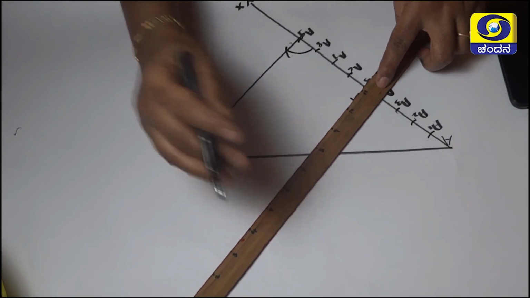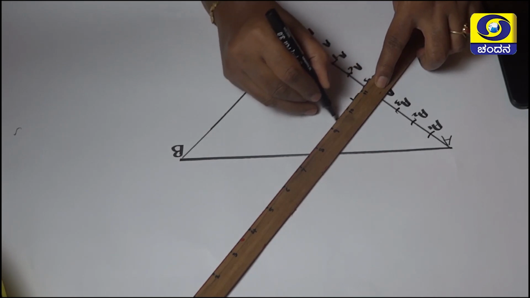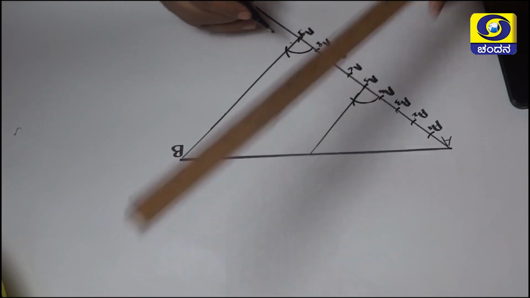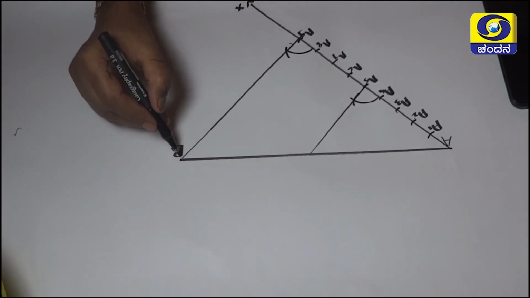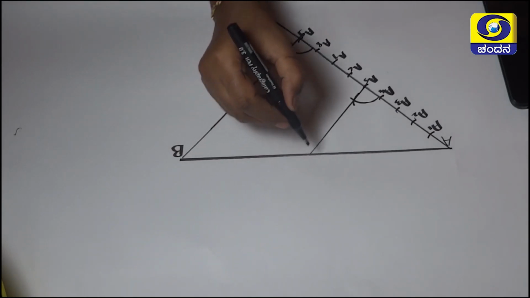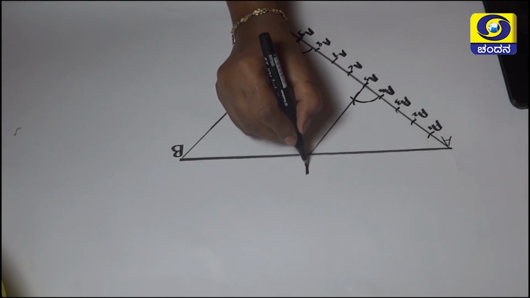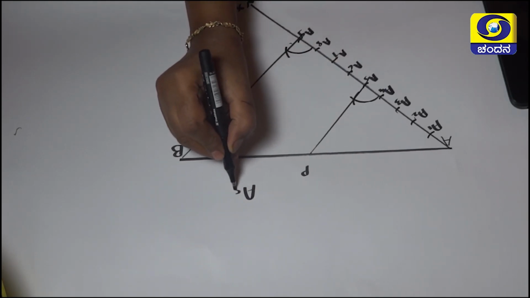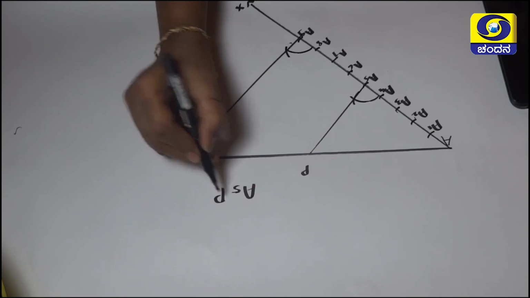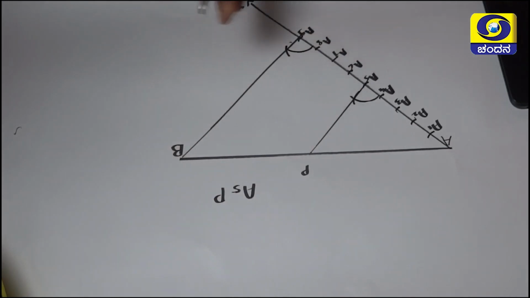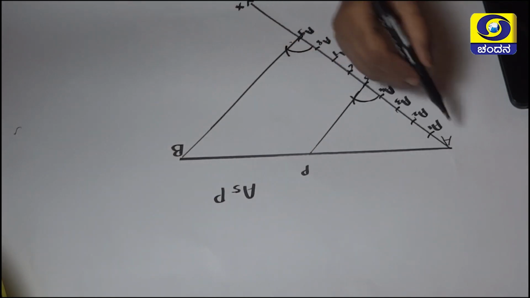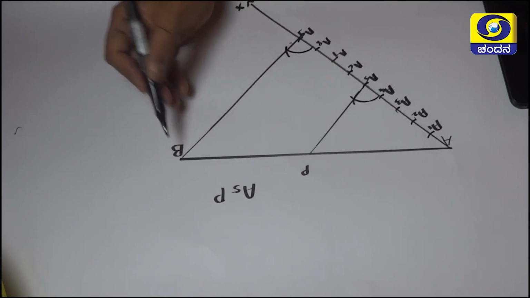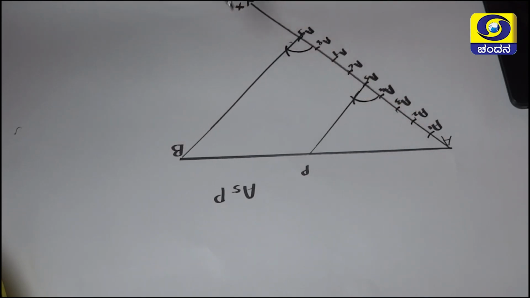This will give us the line parallel to the line joining A9 to B. Let us call this point P. Now P is the partition which is dividing this line segment AB in the ratio 5:4.